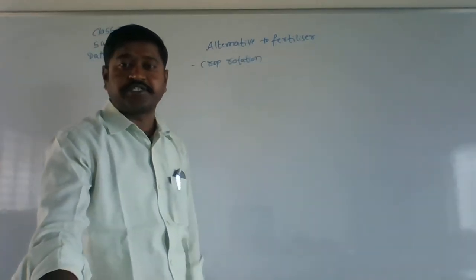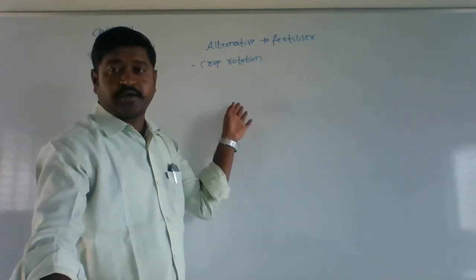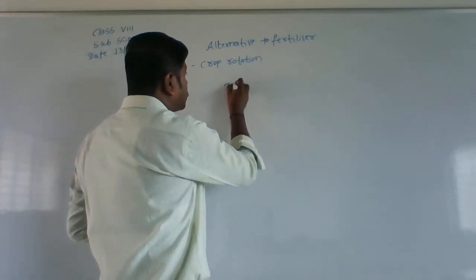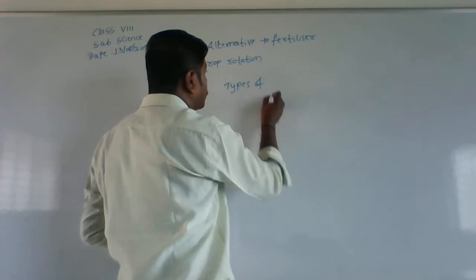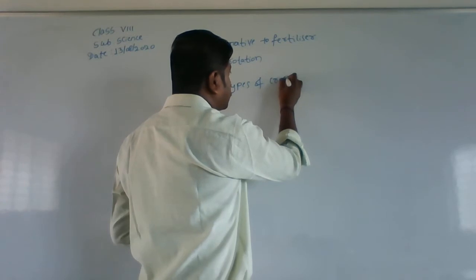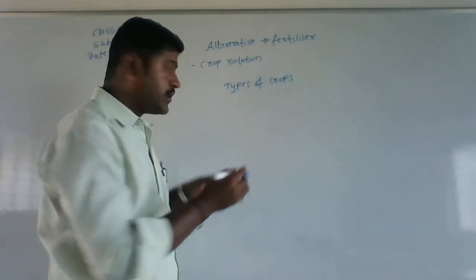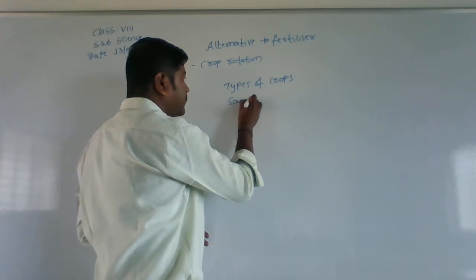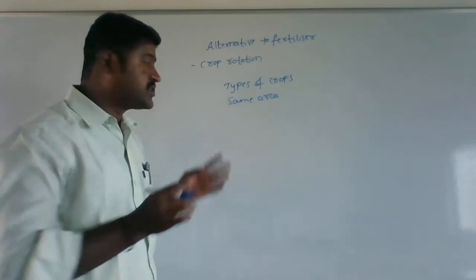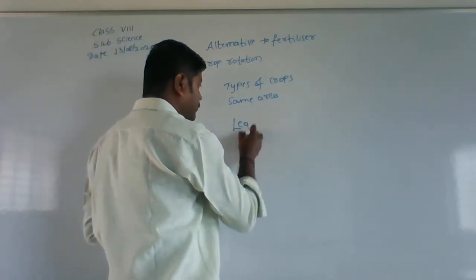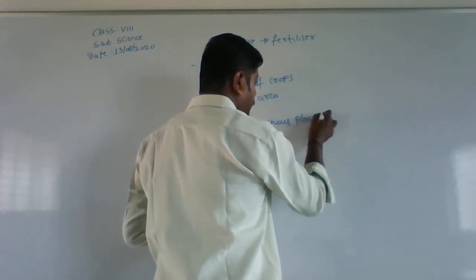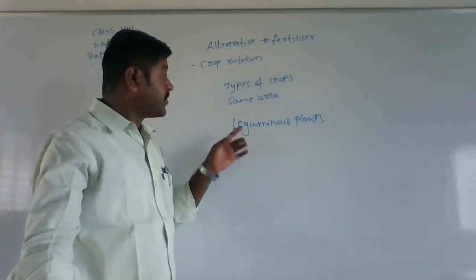Next we have crop rotation. So here in this method, in the crop rotation method, different types of crops will be grown in the same area. For example, leguminous plants also will be grown.